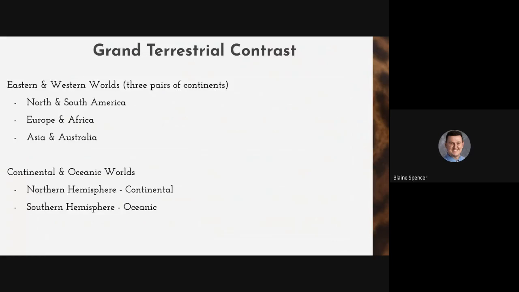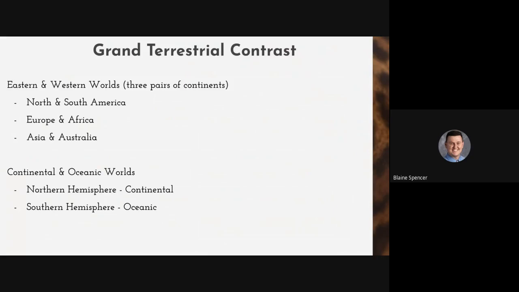All right, so when we look at this, we see that there are 3 pairs of continents. We talked about this. This is how they are broken up, how they contrast one another, and how they're unified. So for the Eastern and Western worlds, one pair is North and South America. Pretty simple, they're named after each other.